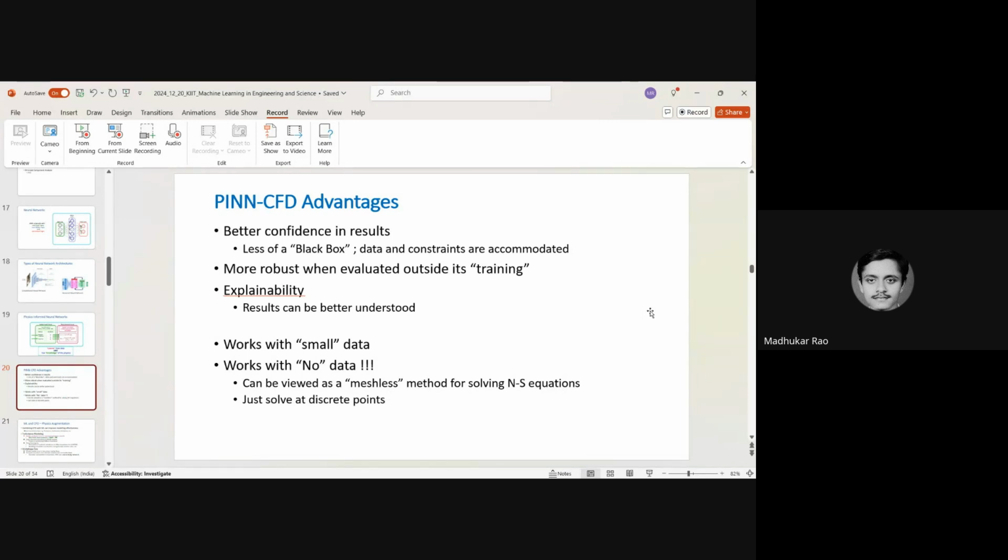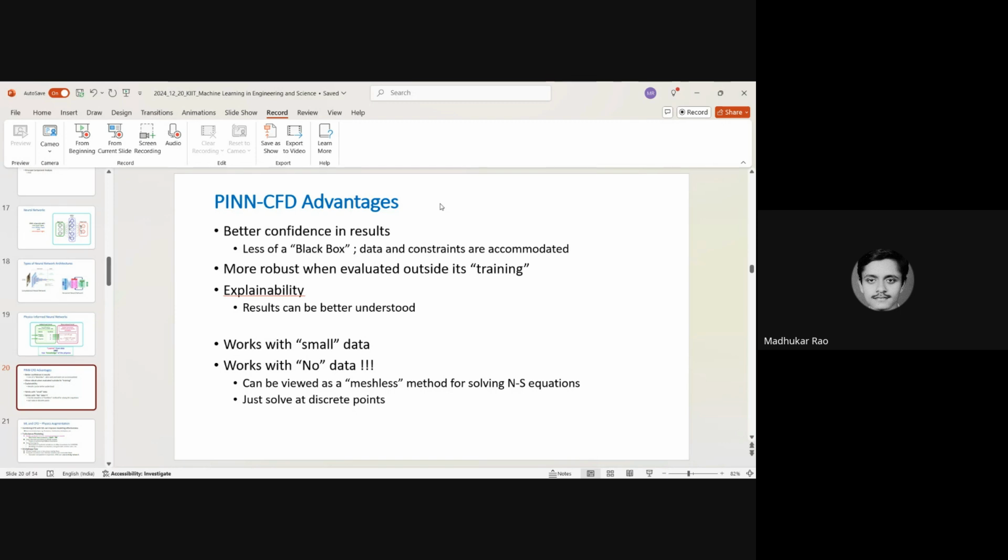I'm going to call it a PINN, for physics informed neural network. And I'm speaking from the viewpoint of a CFD person, but you can apply it to anything for which you already have domain knowledge in the form of equations, any sort of equations. So these are the advantages of a PINN, physics informed neural network.